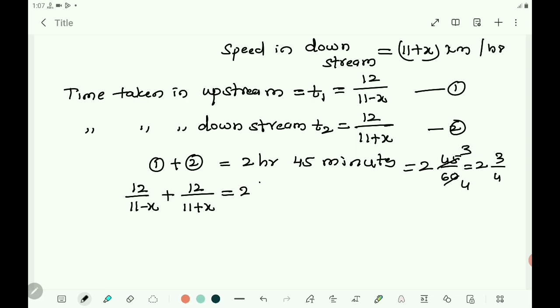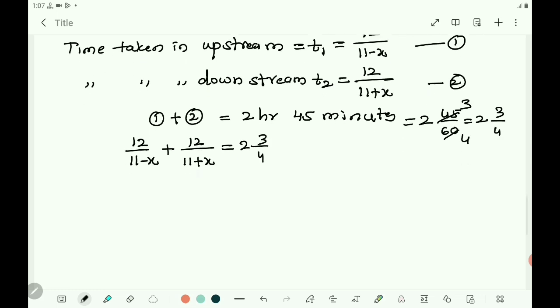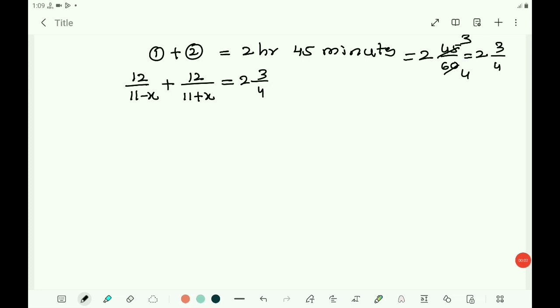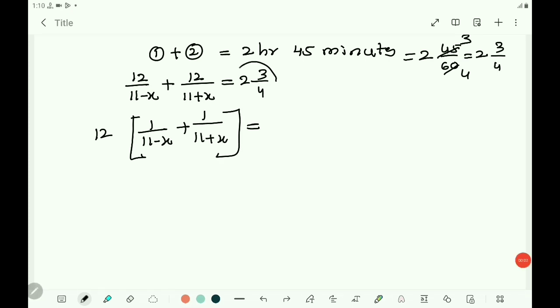Then you can take 12 common, it becomes easy for you: 12 into 1 by 11 minus x plus 1 by 11 plus x. Here we have to convert 2 3 by 4 into an improper fraction: 4 twos are 8, 8 plus 3 is 11, so 11 by 4.